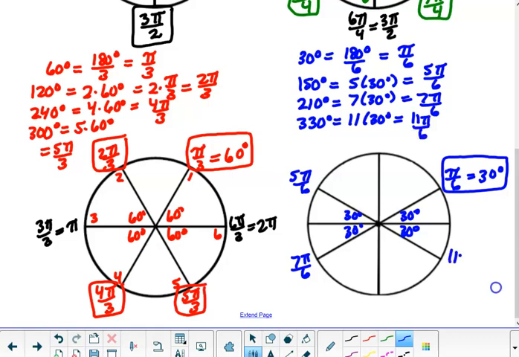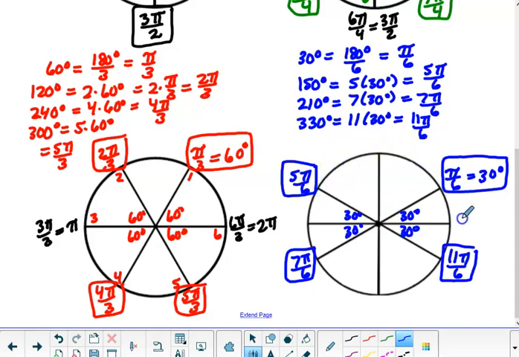So these 30-degree reference angles are all multiples of pi over 6. Now notice I could do 60 is 2 times 30, which would be 2 pi over 6, but 2 pi over 6 would reduce to pi over 3. And 90 would be 3 times 30, or 3 pi over 6, which would be the same as pi over 2.